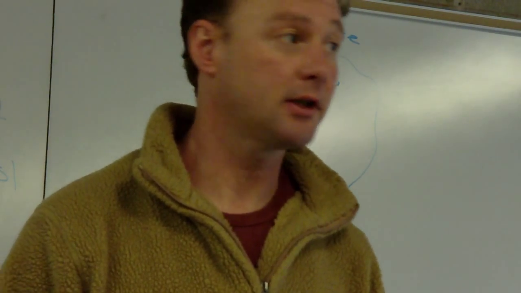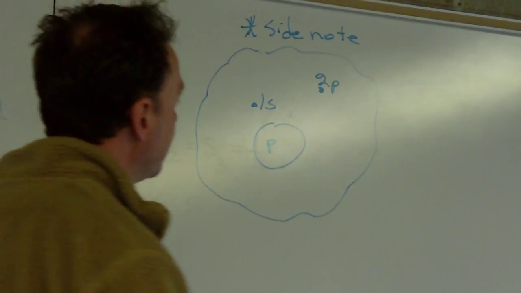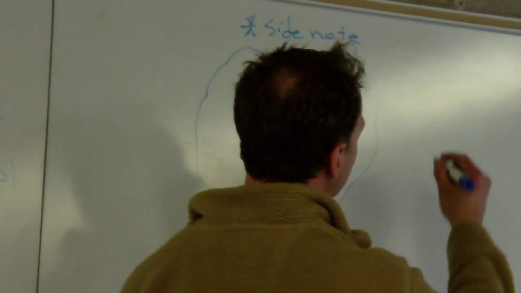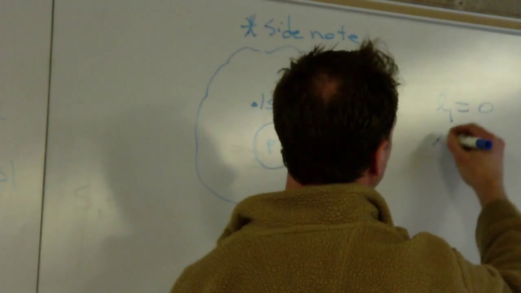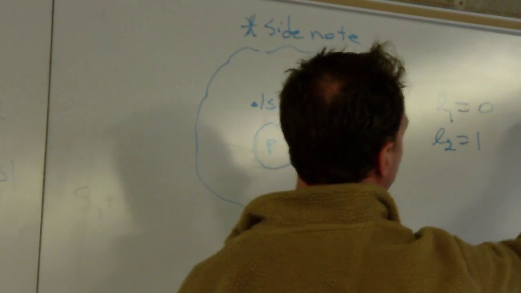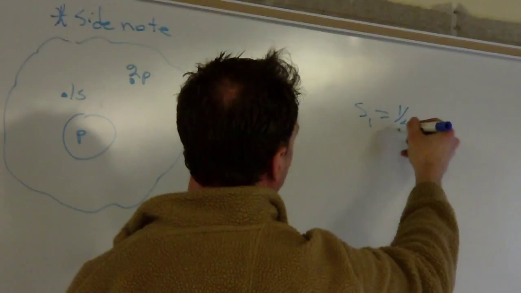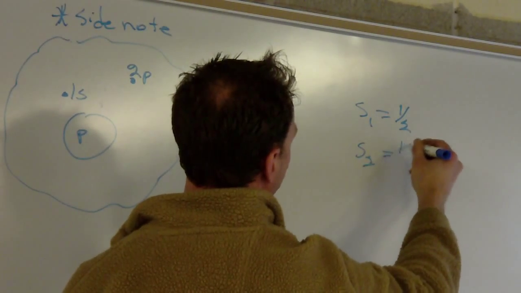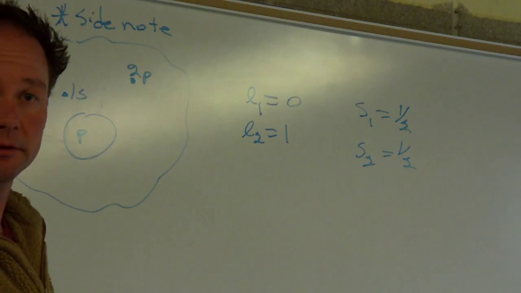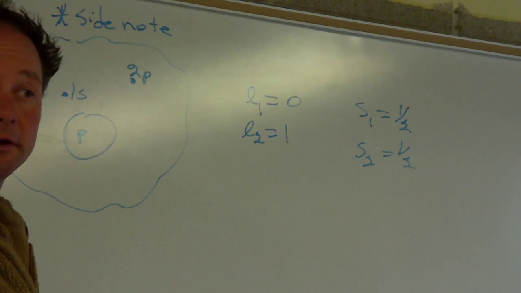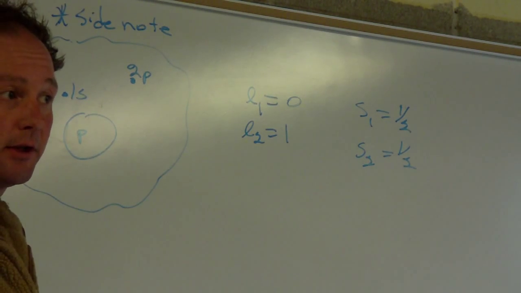So here's how I would do it. L1 equals 0, L2 equals 1, S1 equals a half, S2 equals a half. I'm going to do LS coupling. I'm going to couple the L's together, then couple the S's together.